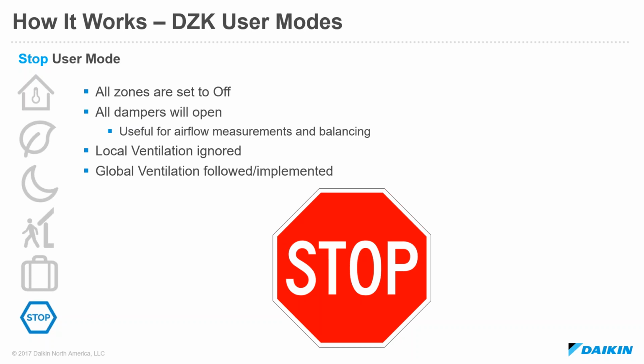So when stop user mode has been implemented, there are two different ventilation settings that I'll discuss a little bit later, but just be aware the local ventilation setting will be ignored, but there is a global ventilation setting that I'll describe here shortly. That global ventilation setting will still be followed. So when the stop user mode is implemented, you'll still have occasional fan operation if you've engaged global ventilation.